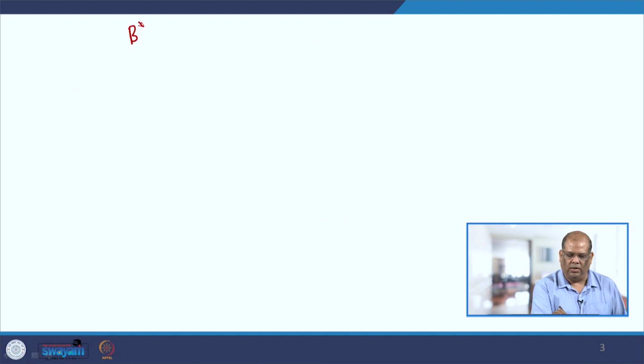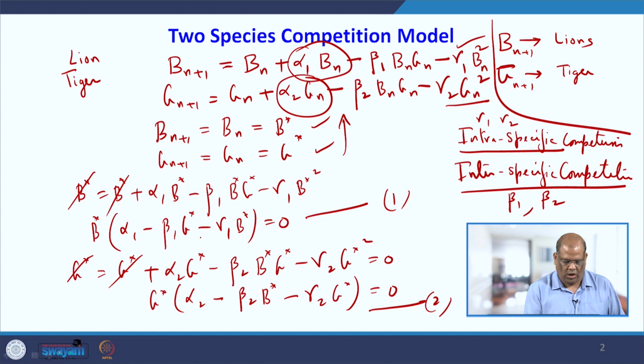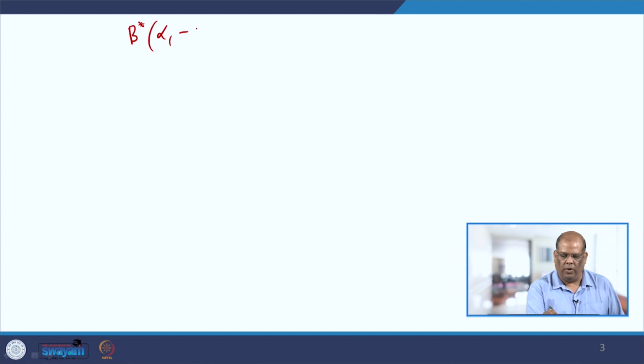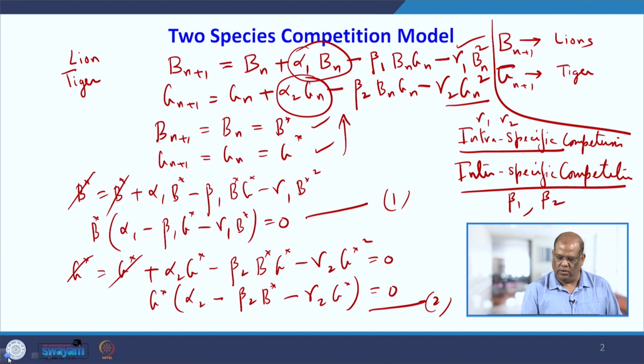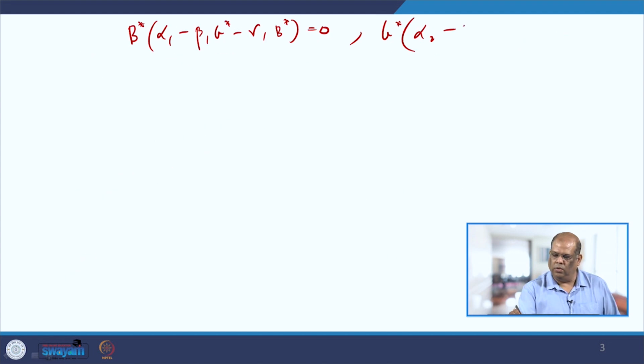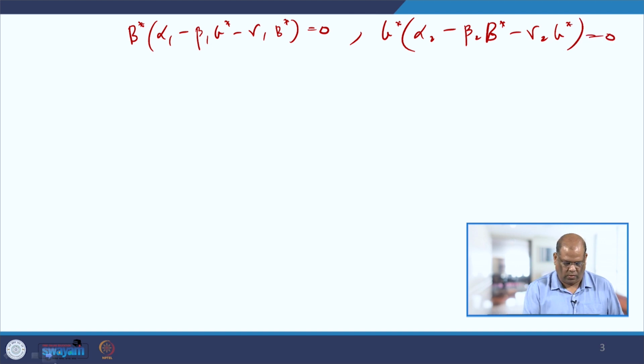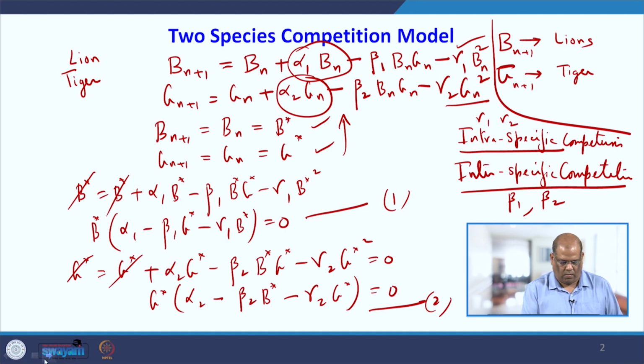So, you have B star times alpha 1 minus beta 1 G star minus gamma 1 B star equal to 0, and you have G star times alpha 2 minus beta 2 B star minus gamma 2 G star equal to 0. Quick check: beta 2 B star, gamma 2 G star.